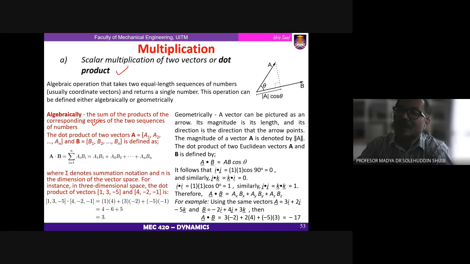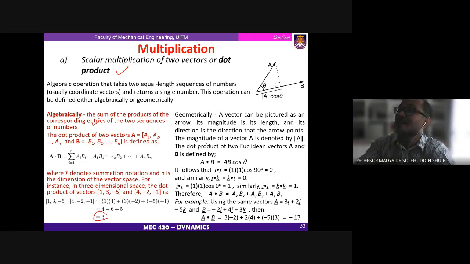You write in terms of a vector here, and then 1 times 4 plus 3 times minus 2 plus minus 5 times minus 1. So you have 4, minus 6, plus 5, so you get 3. This is the dot product. The dot product is not a vector, it's a quantity.